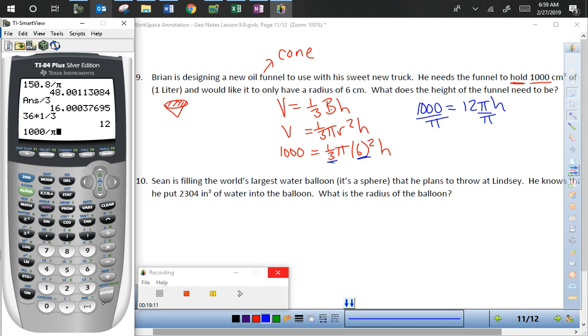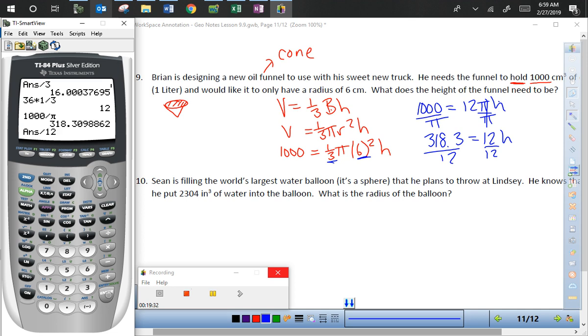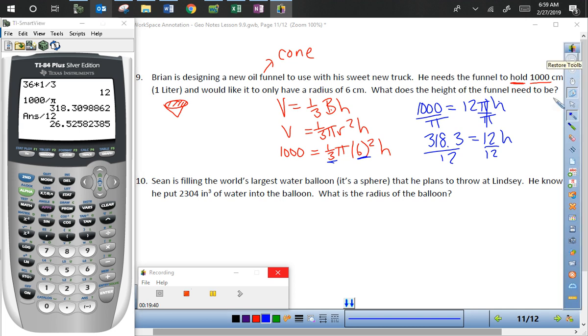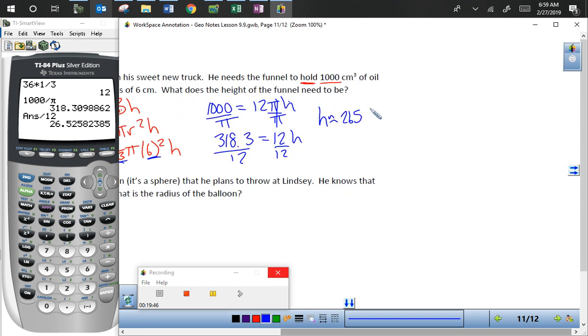Again, it didn't cancel, so we're going to have a decimal here, but that's okay. 318.3. And then it equals, these are gone, so it's just 12h. One more step, we just have to divide by 12. So our height is going to be about 26.5, and our label here is centimeters.